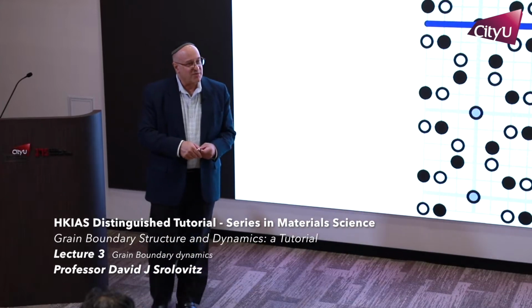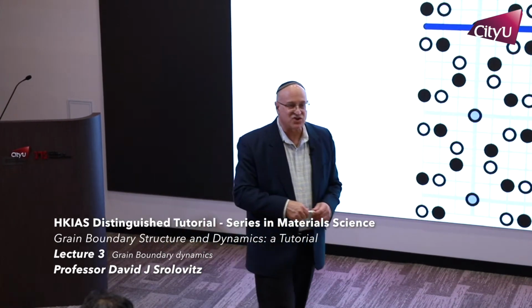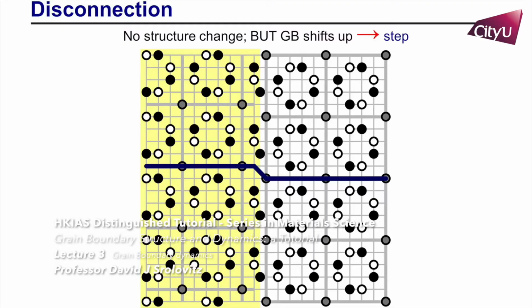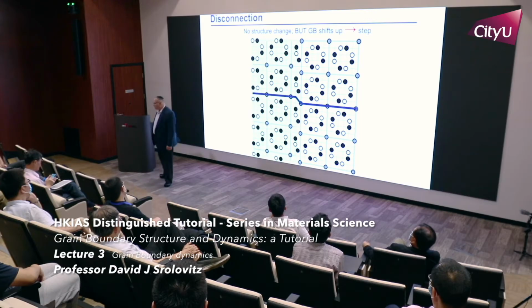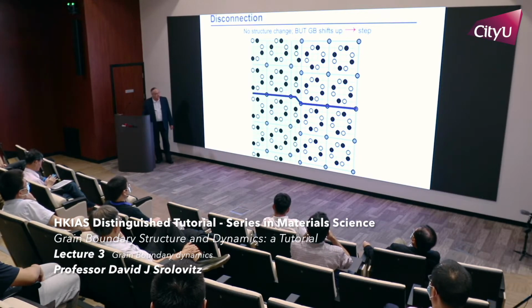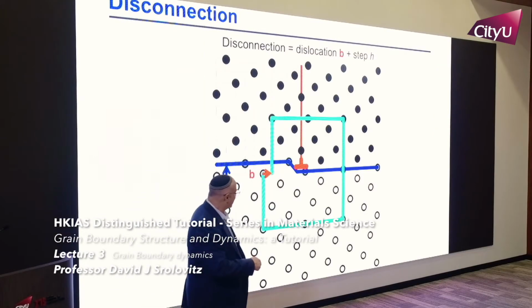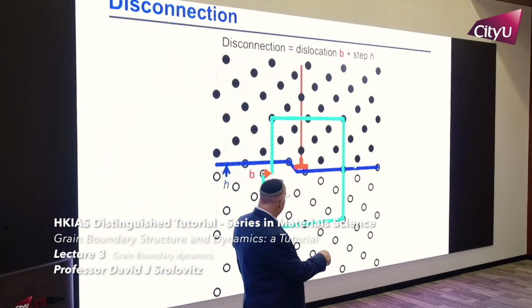And as you saw before, when I do a translation by a DSC lattice, it shifts the origin of the CSL. And so I have that. And you can see now there's a step. And so what I'm going to do now is throw out the black atoms below the line, the white atoms above the line. And I end up with this. So again, I have my grain boundary that I had before.